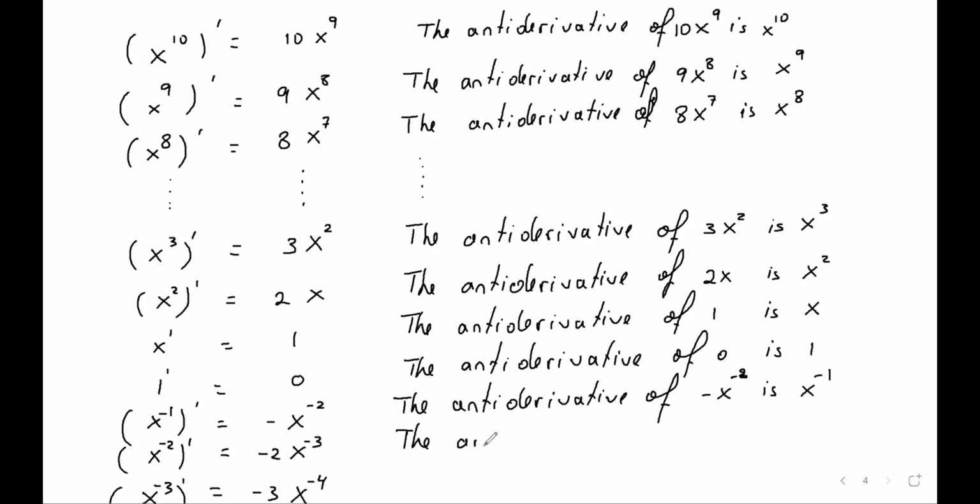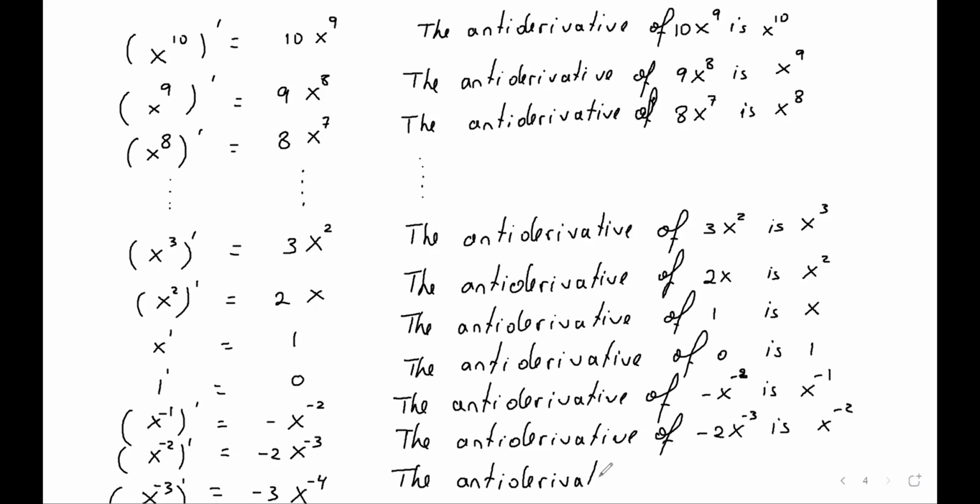The antiderivative of negative 2x to the negative 3 is x to the negative 2. And finally, the last one, folks, the antiderivative of negative 3x to the negative 4 is x to the negative 3.